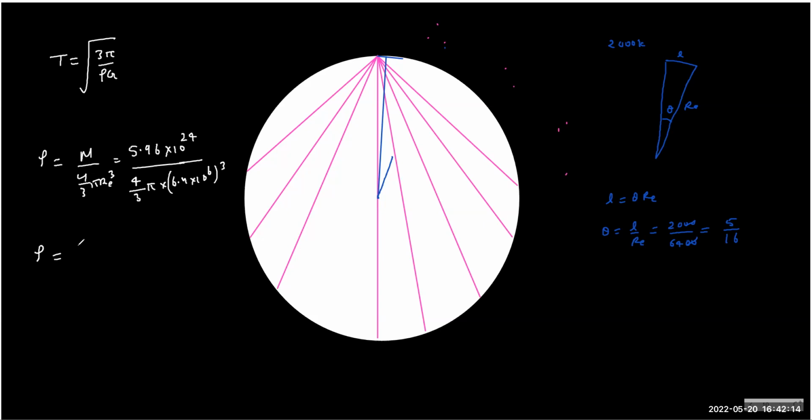So density turns out to be 5.96 into 3 upon 4 pi into 6.4 whole cube, into 10 power 6.